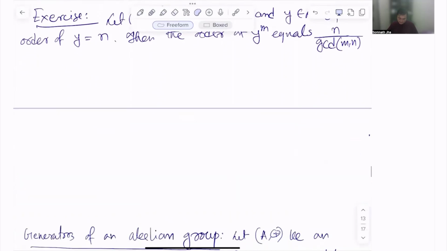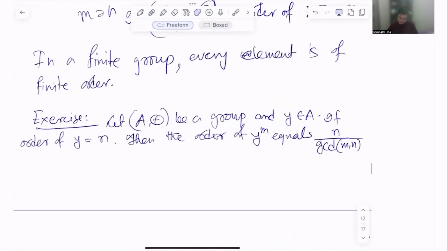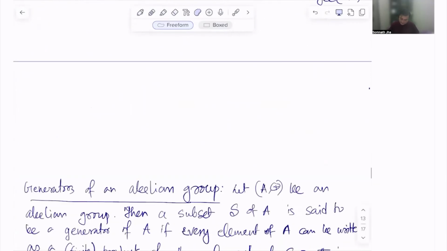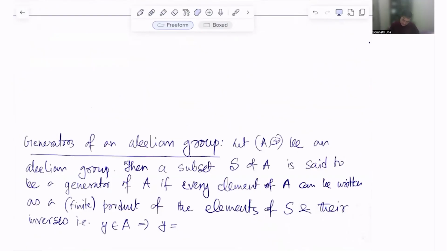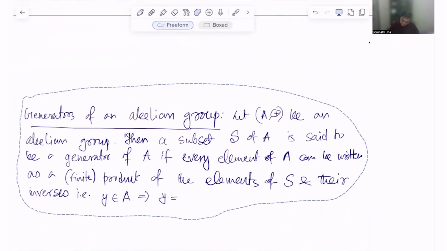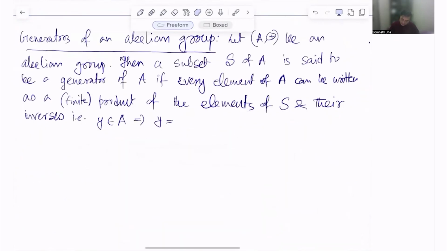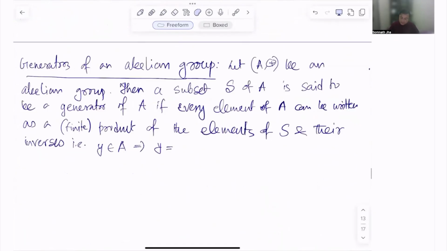Okay, so this is the definition of order. Order of y to the power m equals n divided by GCD of m and n. Next is the generator of an abelian group. We understood what order is, so next we discuss what is the generator of an abelian group. So let A, plus, be an abelian group.